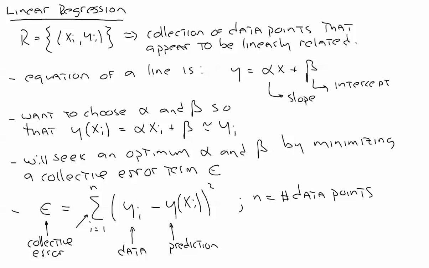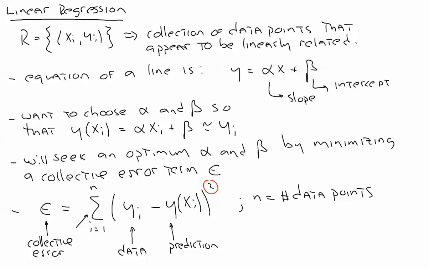Now, in just a couple of seconds, what I'm going to do is minimize epsilon by taking derivatives of epsilon with respect to alpha and beta and setting them equal to 0. It's relatively easy to take the derivative of a function that's squared. You'll notice my collective error term here includes that power of 2. The reason I'm doing that is I'm making the errors all positive. You might at first say, let's throw in some absolute values, look at the absolute error between my data point and my predicted value.